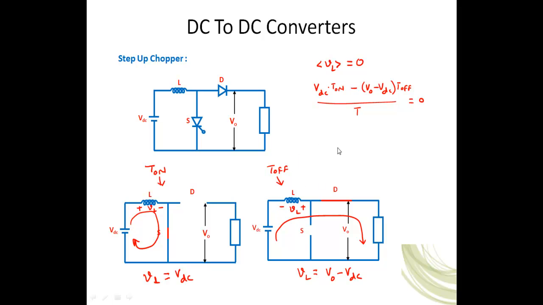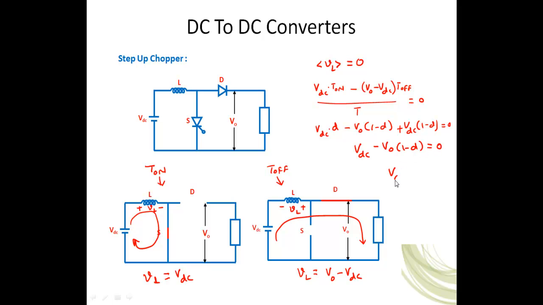Now we can write VDC, T on by T, minus V naught into T off by T. We already discussed T off by T is nothing but 1 minus D. So VDC into D minus V0 into 1 minus D equal to 0.